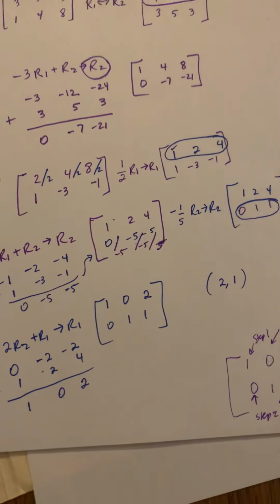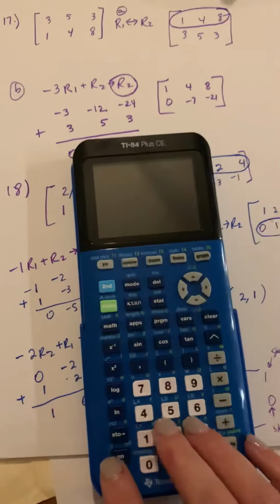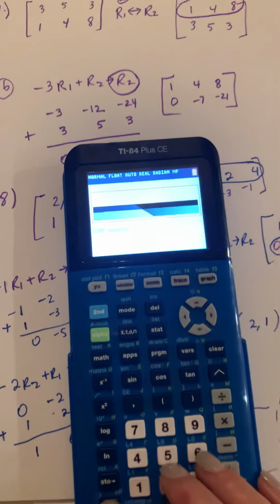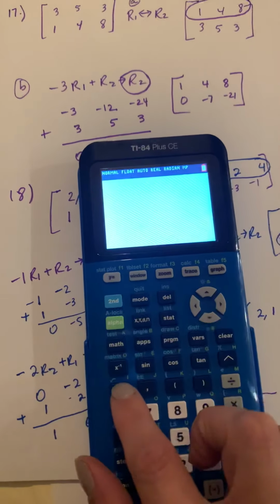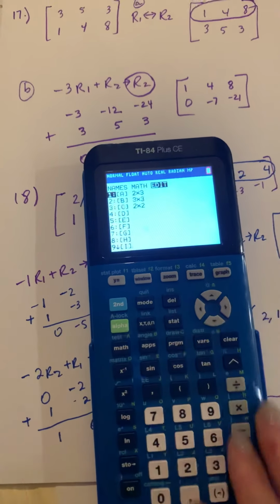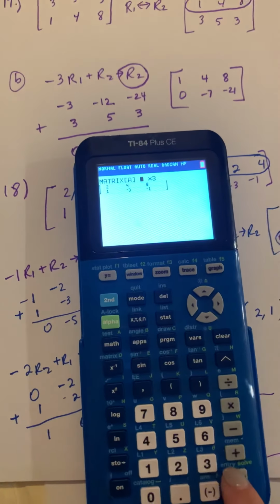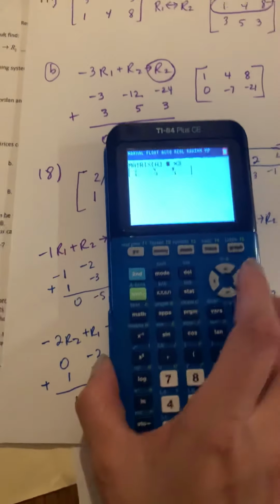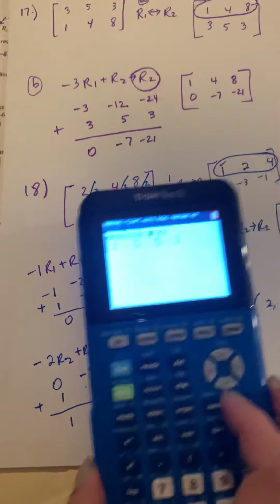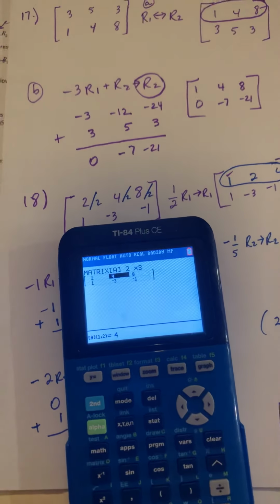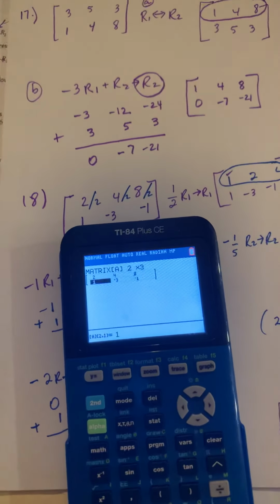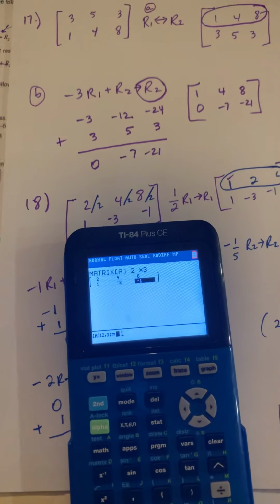And so we can use the graphing calculator to confirm this. Second matrix, go to edit. I think I already put this one in, 2 by 3, it's right there. So I have 2, 4, 8, 1, -3, -1.